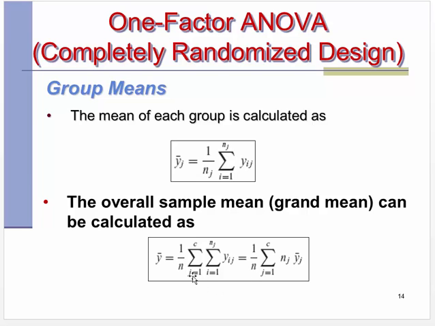Right? We can shorten this and express it as the sum of nj times y bar j, divided by n. That's right here. Okay. So that's the overall sample mean of all the population items.